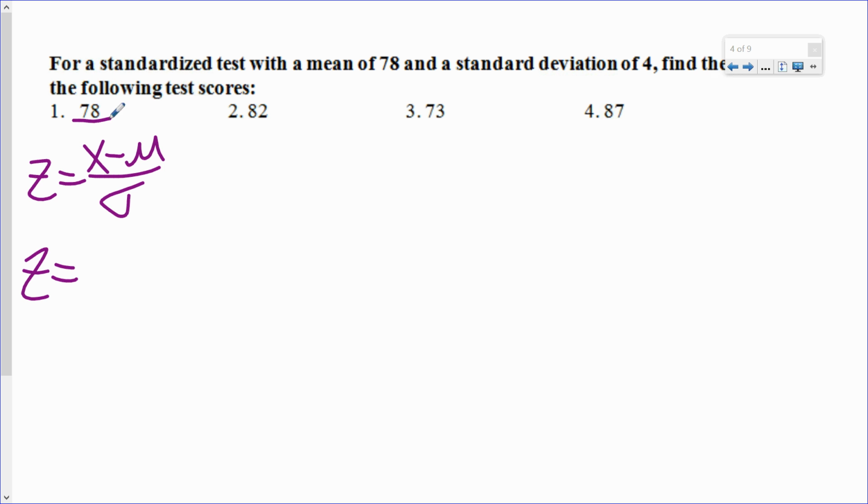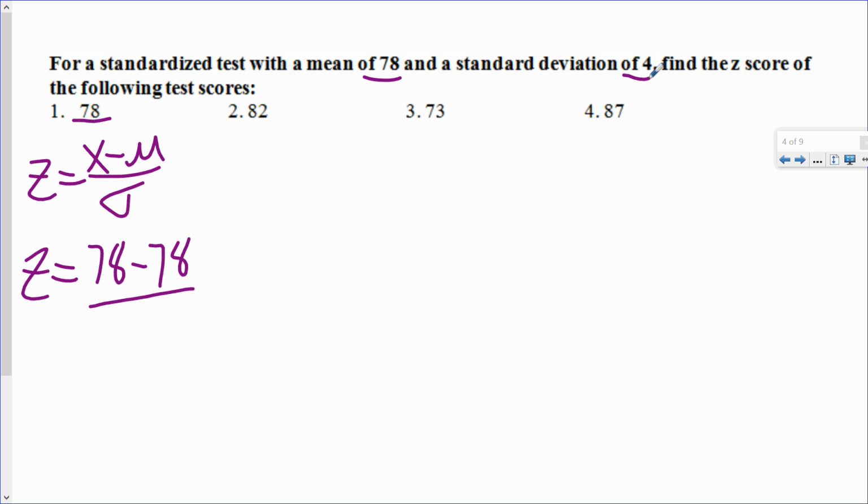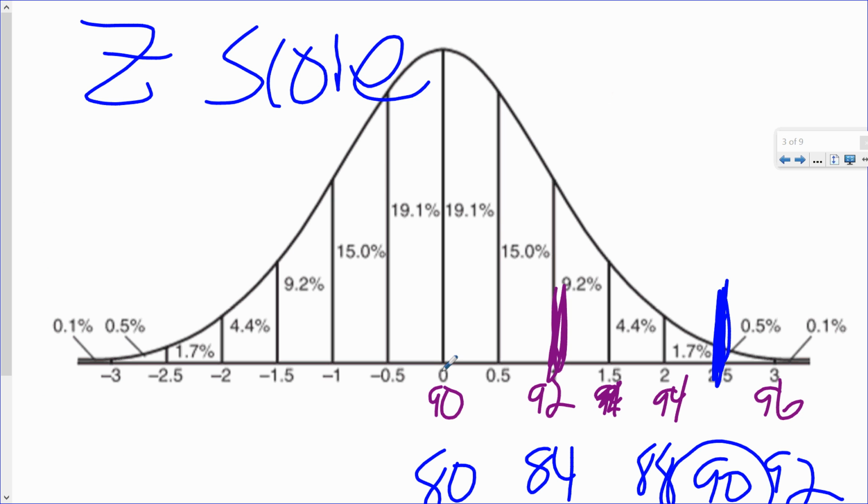The test score here is 78 minus mu. Mu is the mean. The mean is 78 over sigma, the standard deviation, which is 4. 78 minus 78 is 0 over 4, which is 0. So basically, that would fall right here, right in the middle.